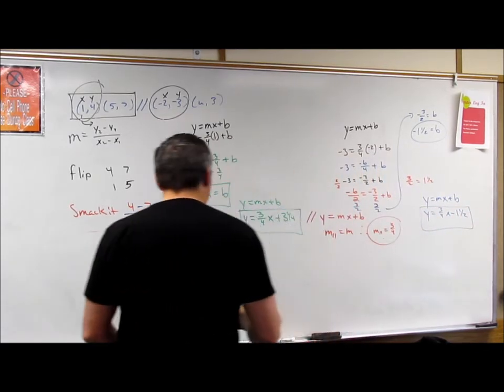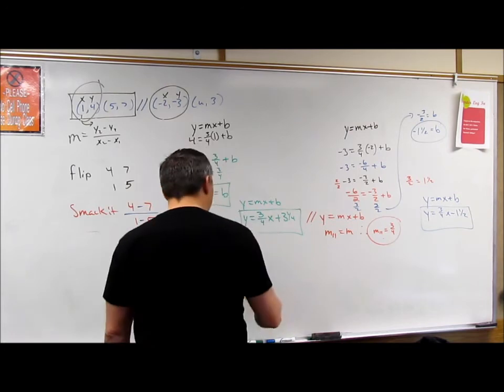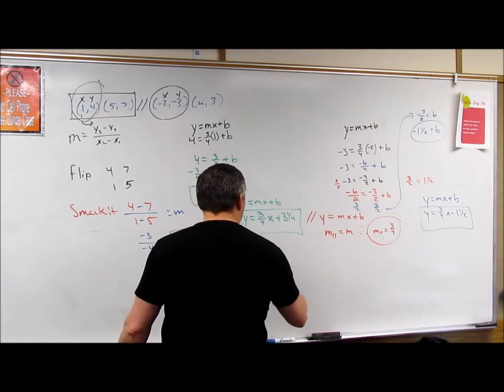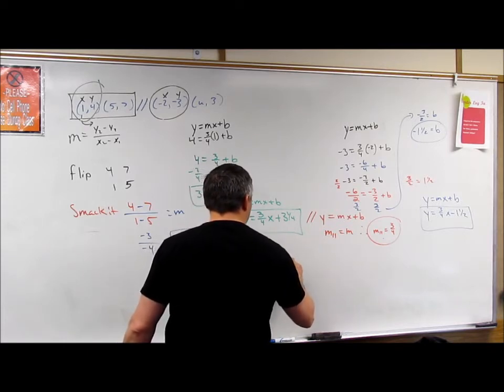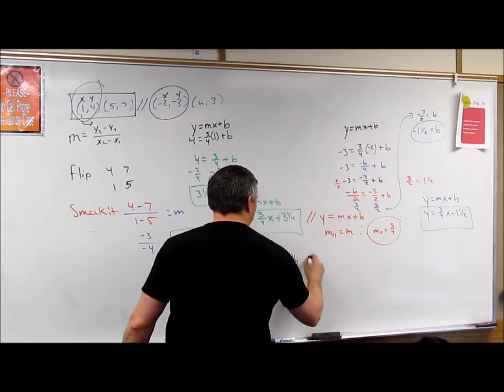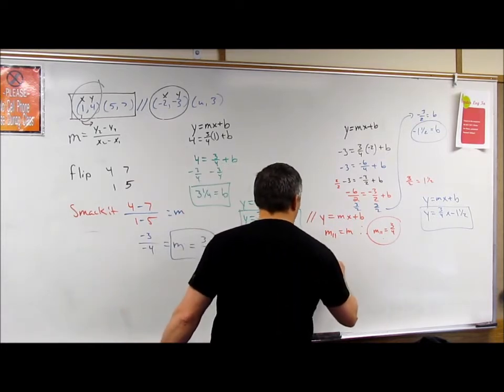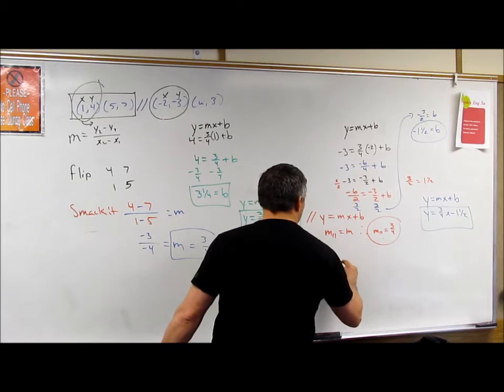Okay, let's write that. Y equals 3/4 x plus 3 1/4 is parallel to y equals 3/4 x minus 1 1/2.